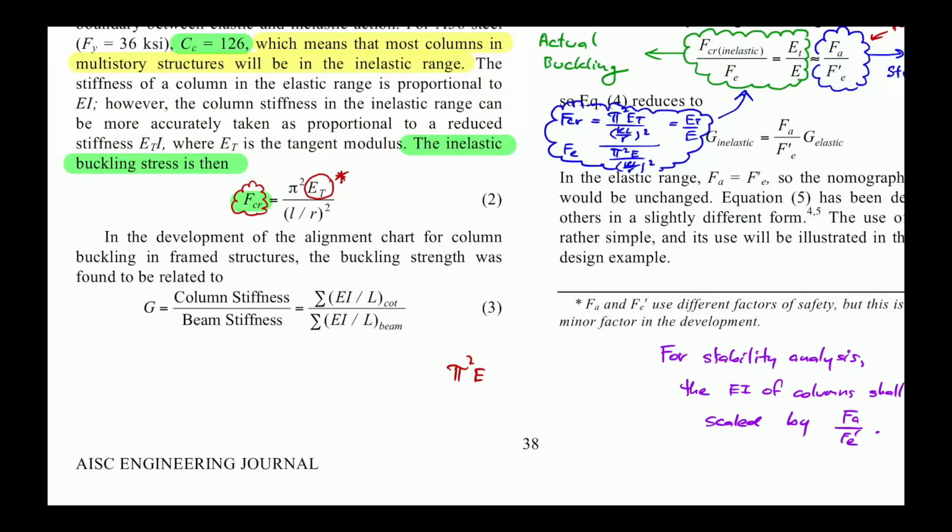That is a couple lectures back, where you have the I effective to the I gross, which means I elastic. That ratio reduces the buckling stress, which is a matter of fact because you have the residual stress, especially the residual compressive stress in your cross section.